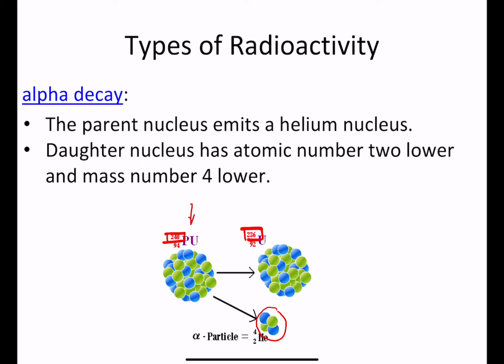And since the alpha particle consisted of 2 protons, that means 2 protons have left in the alpha particle. So the atomic number, which is the number of protons, has gone from 94 to 92. So this is the parent element, plutonium, and this is the daughter element.